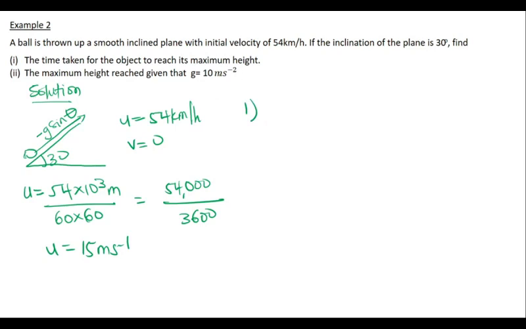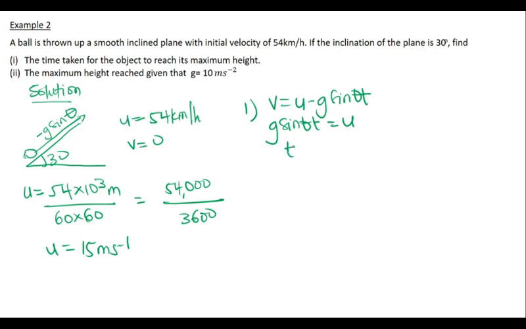Now that we have our initial velocity, let's find the time taken to reach the maximum height. From v is equal to u minus g sine theta t, we know our final velocity is 0, so g sine theta t is equal to u.